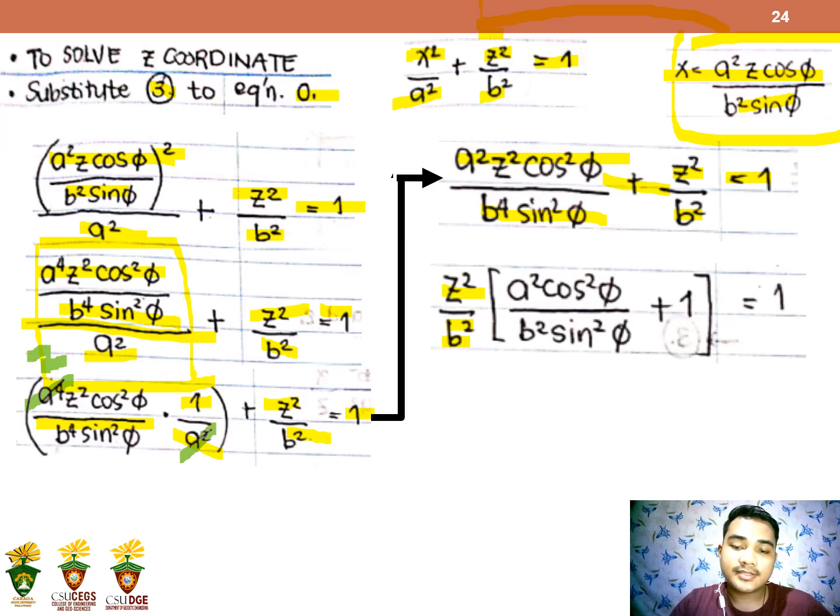So z squared over b squared times a squared cosine squared geodetic latitude remains, over b squared sine squared geodetic latitude, plus 1 equal to 1.